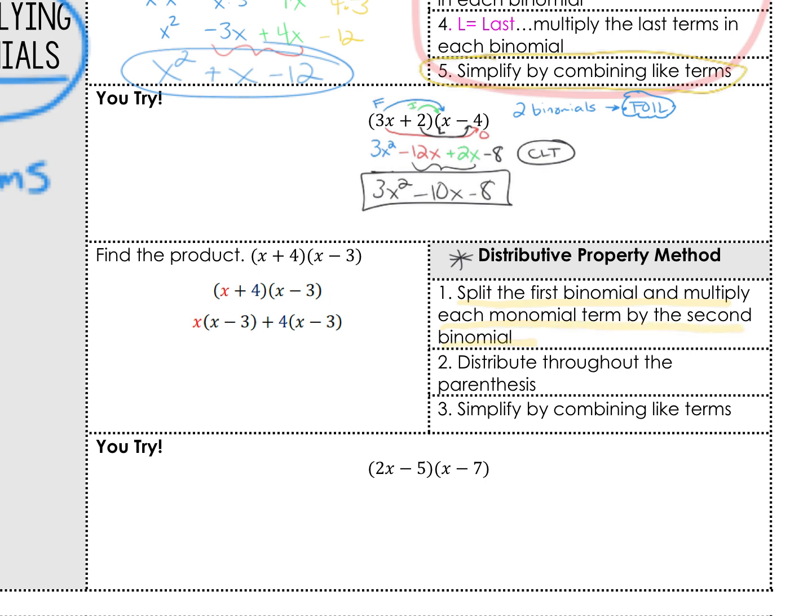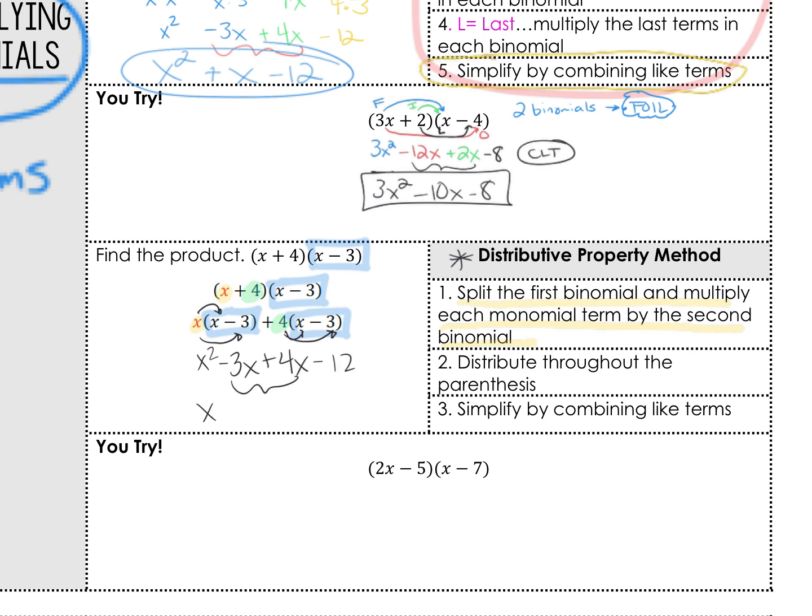So for this x plus 4, they're taking the x and multiplying it by everything in the second binomial, x minus 3. Then they're taking the 4, and they're also multiplying it by that x minus 3. So x times x is x squared, x times negative 3 is negative 3x, 4 times x is 4x, 4 times negative 3 is negative 12.